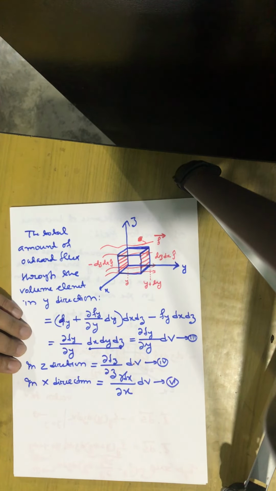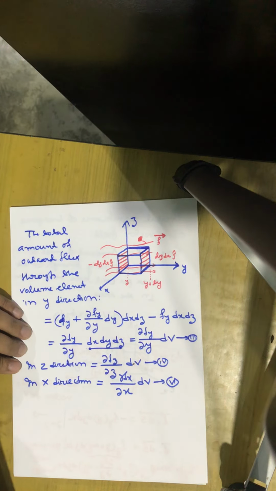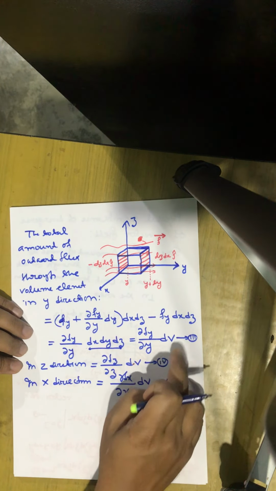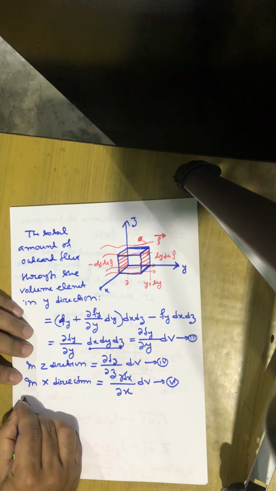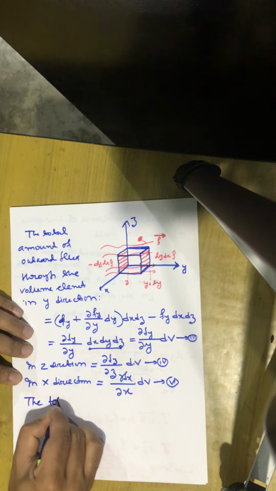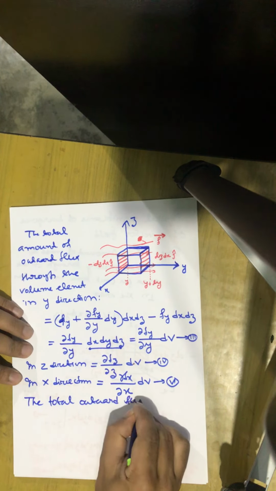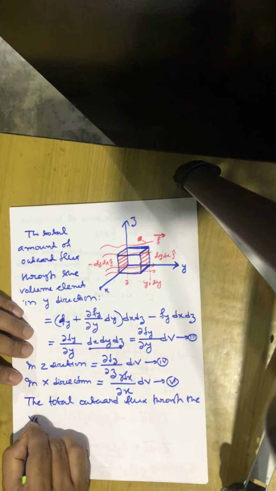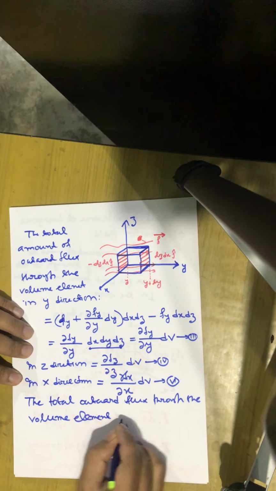Now if we have to find out the total amount of outward flux through this whole volume element, what we have to do is simply add up the three quantities. So the total outward flux through the volume element, what will be its value?